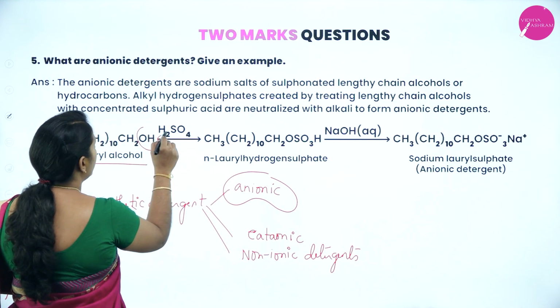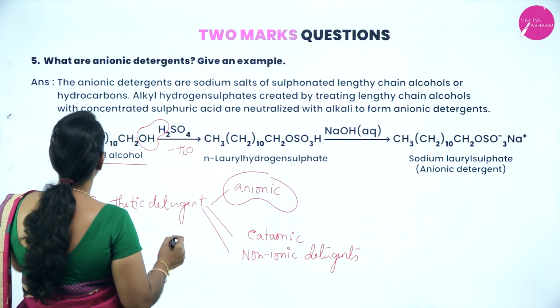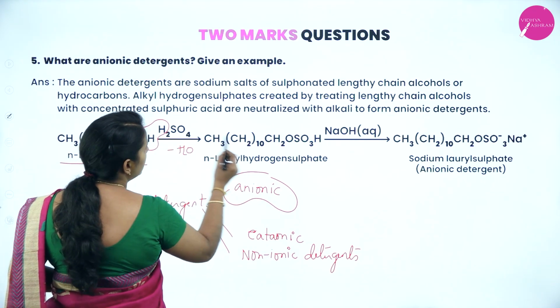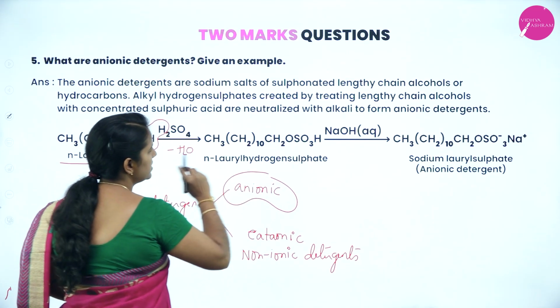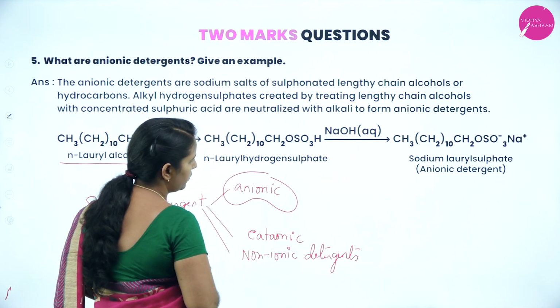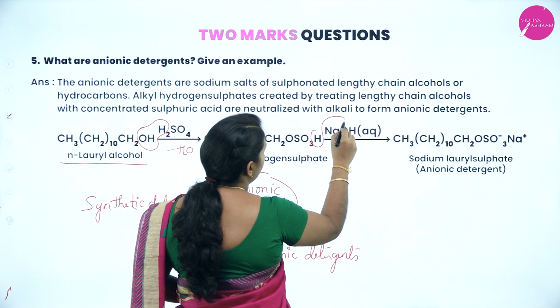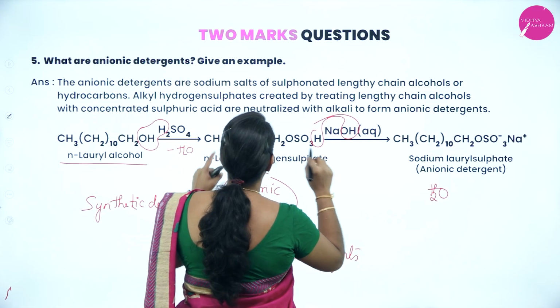This OH and one H will be removed as H2O, and what is remaining? CH3, CH2 10 times, CH2, and we have SO3H, which I can write as OSO3H. Upon neutralization with sodium hydroxide, again one H and one OH are removed as H2O. And what is remaining then?